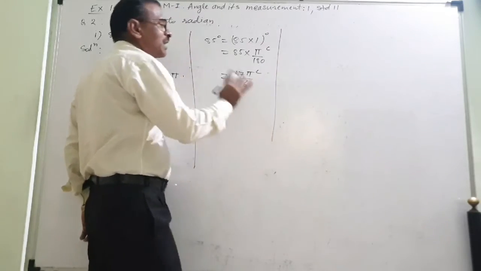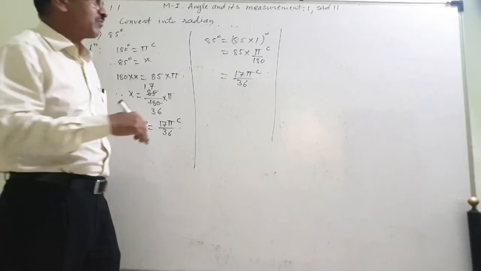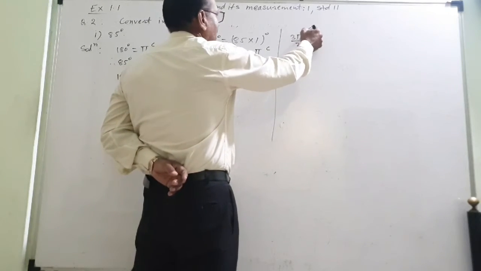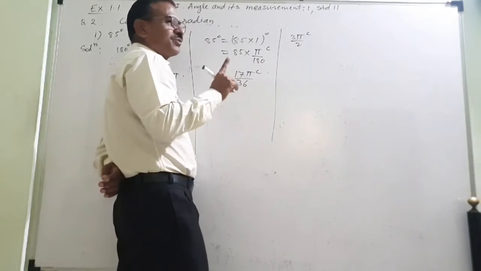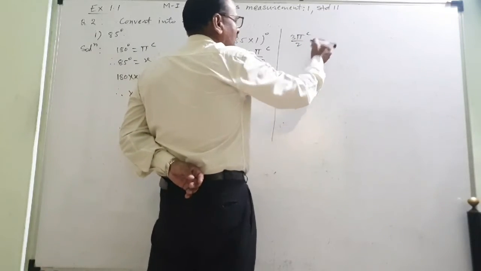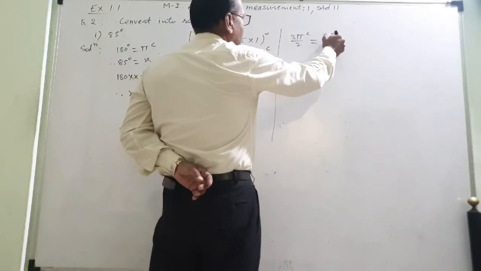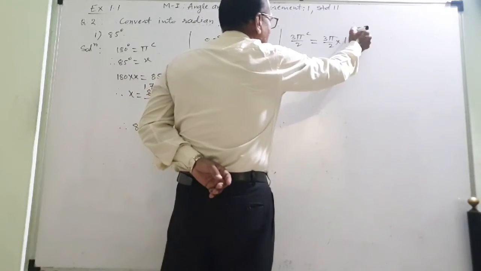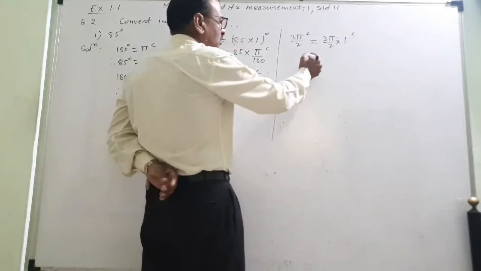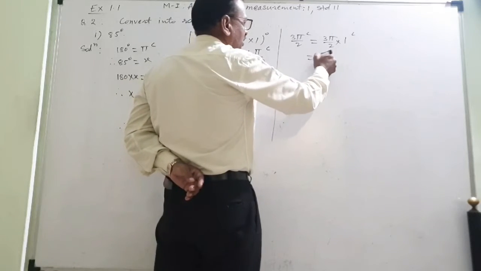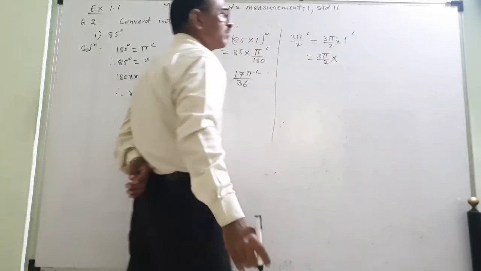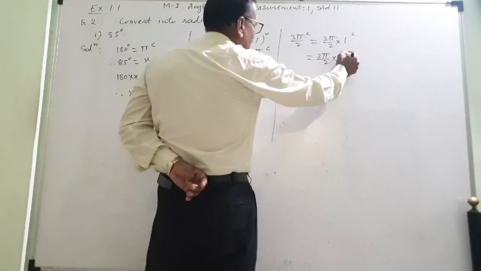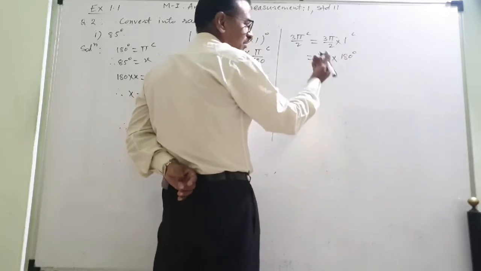If suppose it is in radian, say suppose 3 pi by 2 radian, that I want to convert into degree. How I will do is 3 pi by 2 into 1, this is also radian. So that is equal to 3 pi by 2 into, I want degree, so 180 degree, but the value will change.